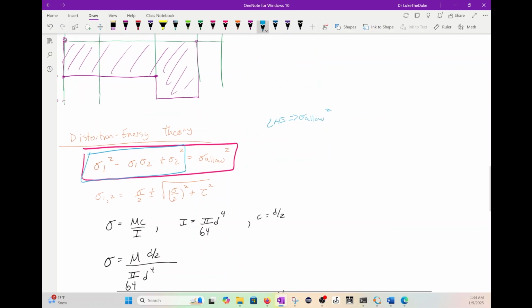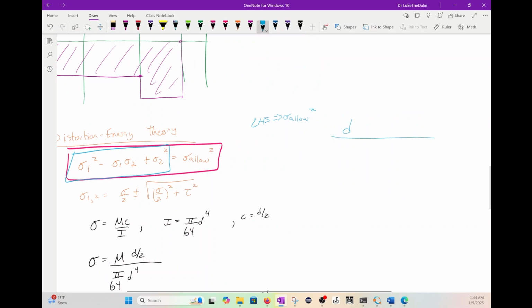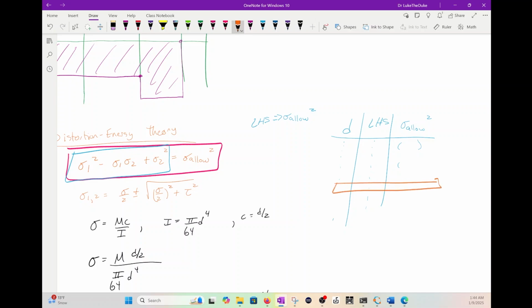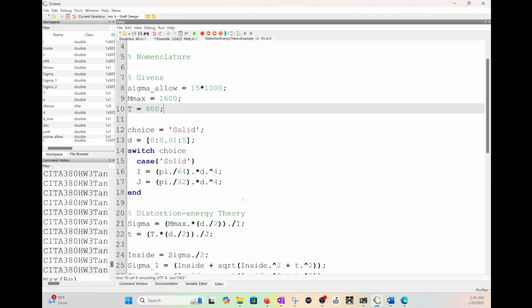And I have basically the diameter, and then the left-hand side, and then sigma allow squared. I'm going to pick a bunch of diameters. I'm going to calculate a bunch of left-hand sides, and then this number is always going to be the same. And I'm going to figure out at which row they're the closest. And then I'm going to grab that diameter. Okay. So that's what I'm doing in here.